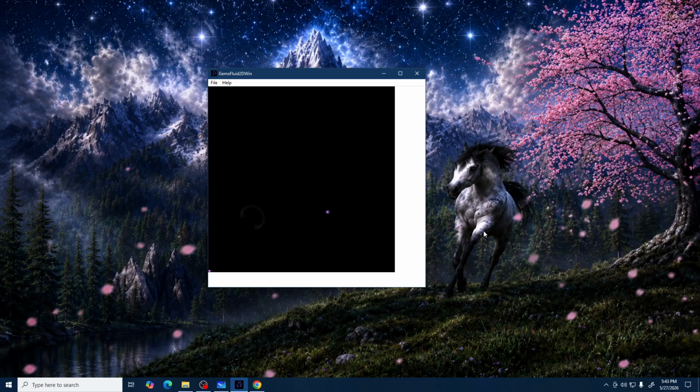So the Navier Stokes equation is basically a fluid simulation equation. It's a very common way of doing numeric fluid computations.